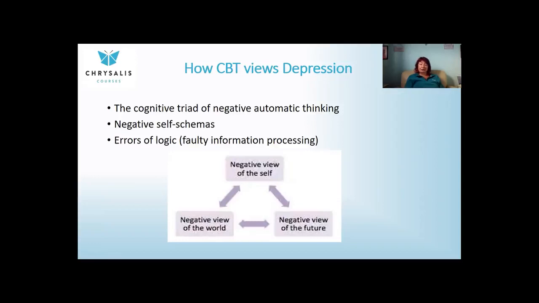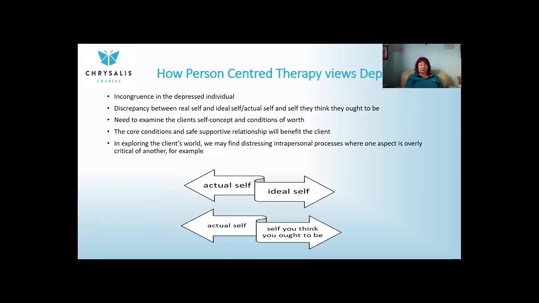So let's look at how person-centered therapy views depression. So person-centered sees it as an incongruence in the depressed individual. There's a discrepancy between the real self and the ideal self, or the actual self and the self they think they ought to be.